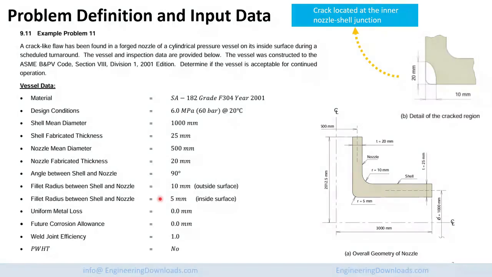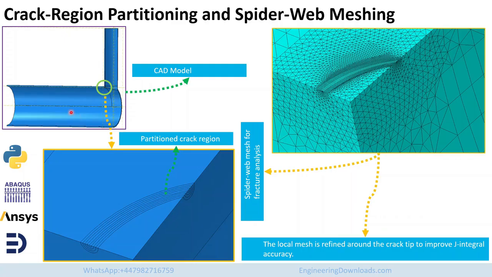These geometry details are important because they affect local stress distribution around the crack region. So at this stage we are defining the component, the loading, and the main dimensions before moving into the fracture mechanics.